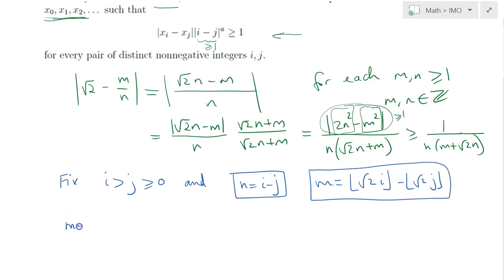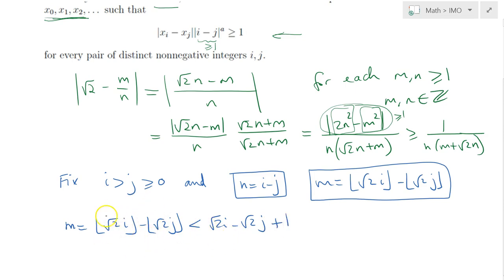And now notice that m, which is the floor of root 2 i minus the floor of root 2 j, is strictly less than root 2 i, without the floor function, minus root 2 j plus 1.